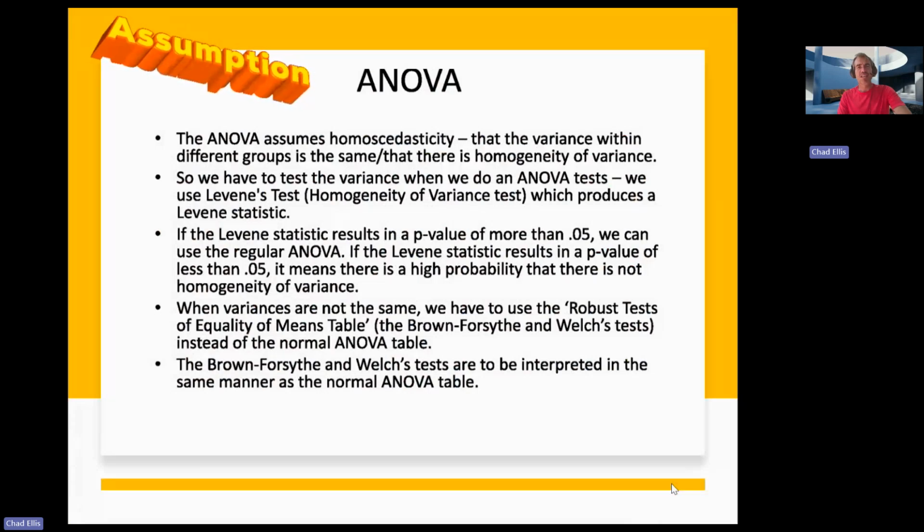As we'll see in the lab, sometimes this homoscedasticity is also referred to as the homogeneity of variances. Basically, we're testing to see whether the variances or the spread of our data values is the same between all of our groups. To test this, we can do something called the Levene's test, which is just another stat test, which tells us whether we have similar variances or not between our different groups.